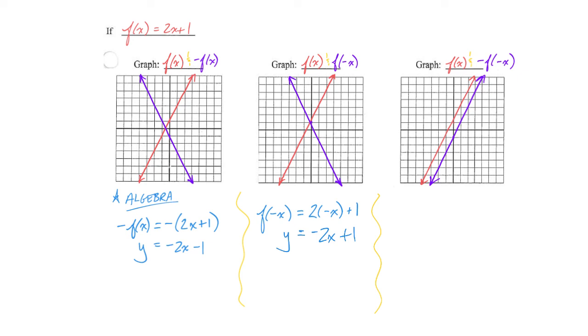Okay, we're back. So I can then deal with my negative f of negative x. That tells me make the entire f function negative while at the same time replacing my x with a negative x. So wherever I see my variable, replace it with a negative x, and at the same time make the whole function negative.